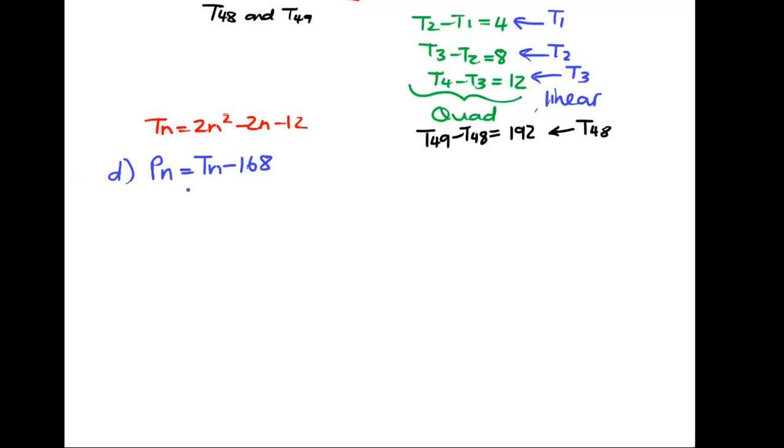So it means that Pn is 2n squared minus 2n minus 12 minus 168. Or if we simplify it, Pn is 2n squared minus 2n minus 180. So that is our new pattern.